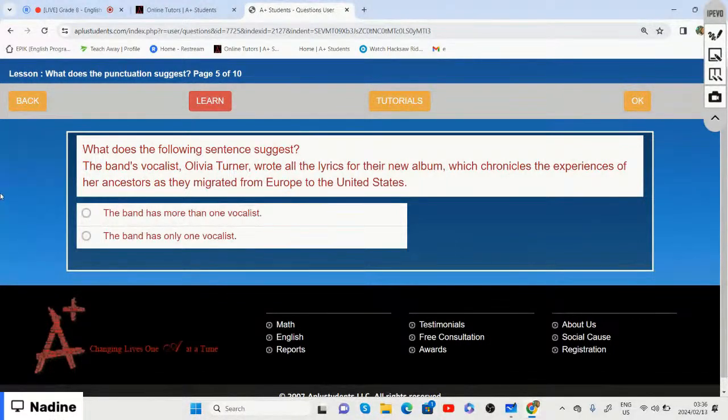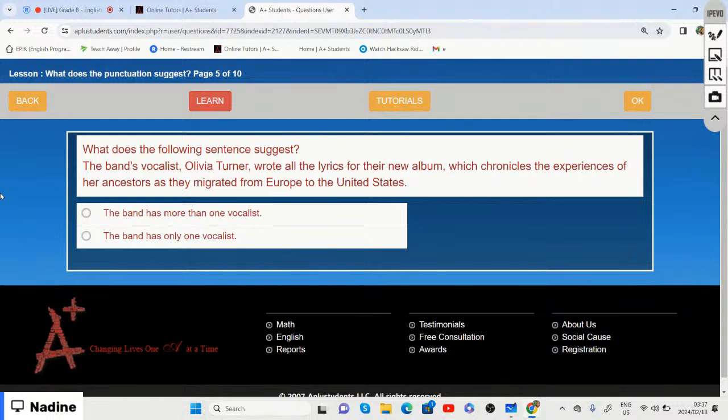The band's vocalist, Olivia Turner, wrote all the lyrics for the new album, which chronicles the experiences of her ancestors as they migrated from Europe to the United States.